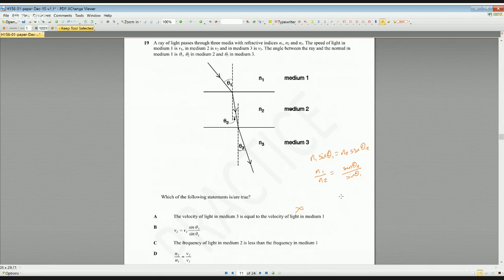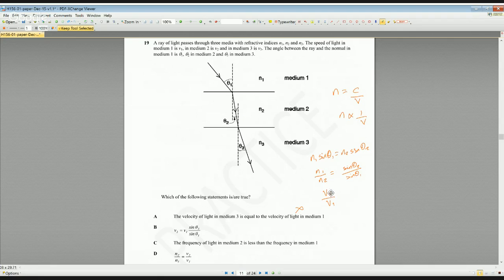We also know that the refractive index n is equal to the speed of light in a vacuum c divided by the speed of light in that medium v. So n is proportional to 1 over the velocity, which means that we can replace n1 over n2 here by v2 over v1.